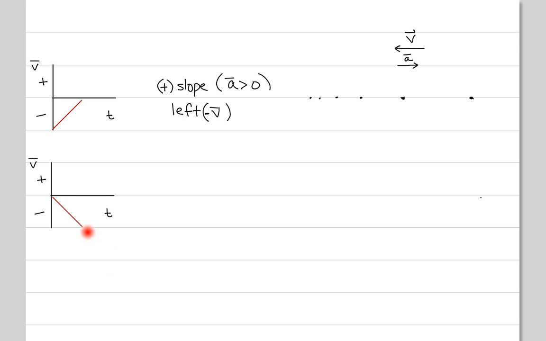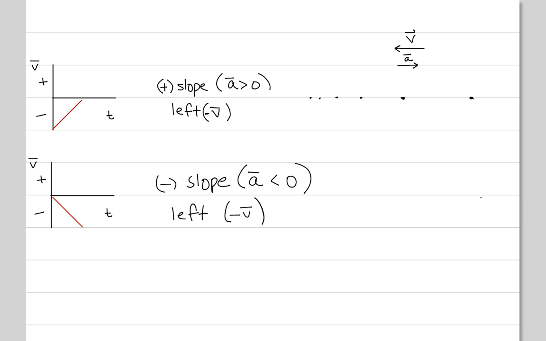So the magnitude is getting larger, so you must be speeding up. The slope is negative, so your acceleration vector is also negative. And since we're in the negative region for v, you're also traveling left, because of the negative velocity values.